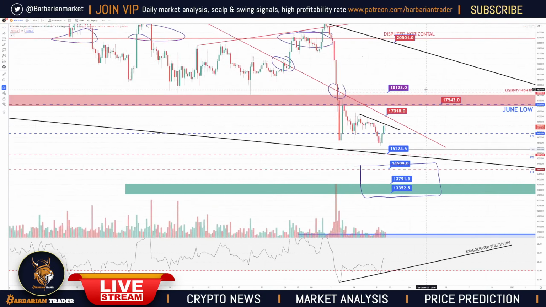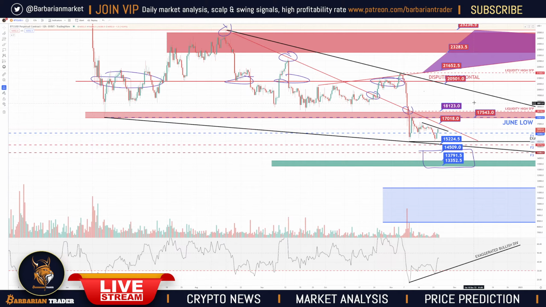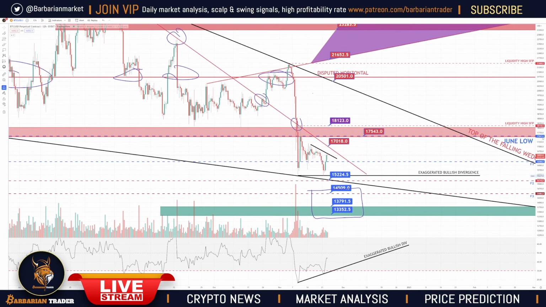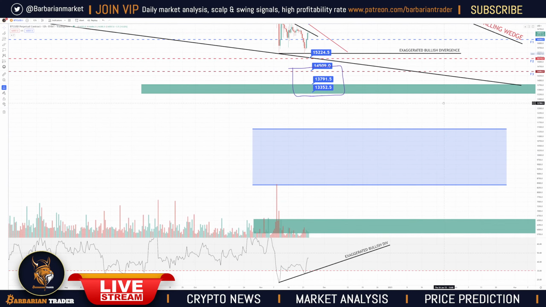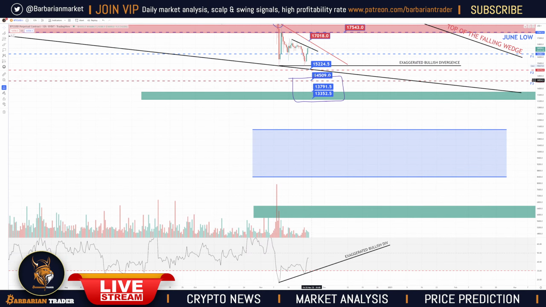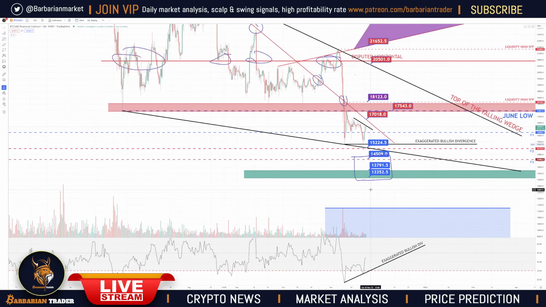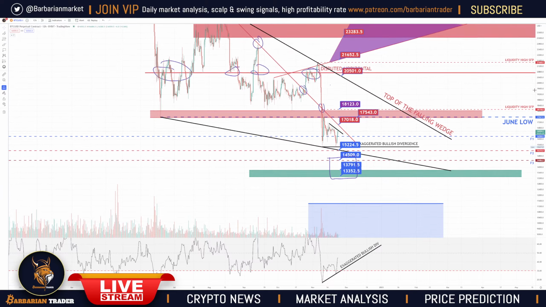Okay, let's see, 12 hours still keeps rejecting here. All right, in the worst case scenario, if we have a nasty dump right now, I think this area is the first one that will hold, just below this falling wedge.